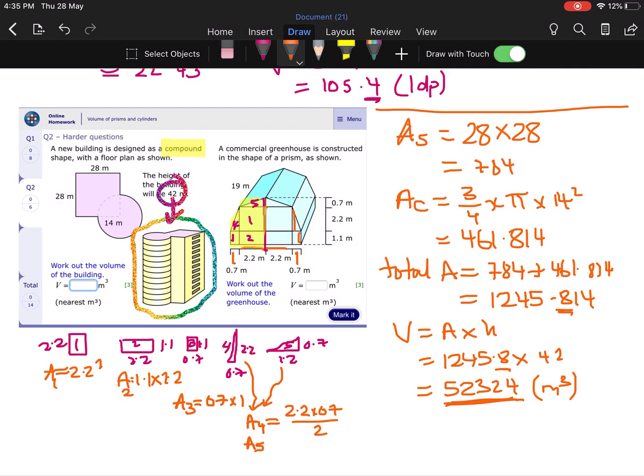2.2 squared is going to be 4.84, so the area of 1 is 4.84. Then area of 2 is 1.1 times 2.2, which is 2.42.